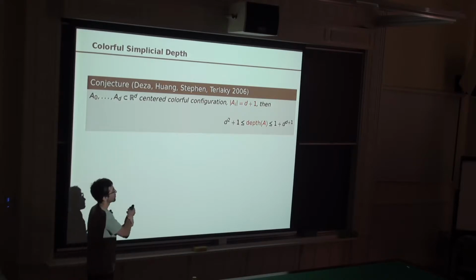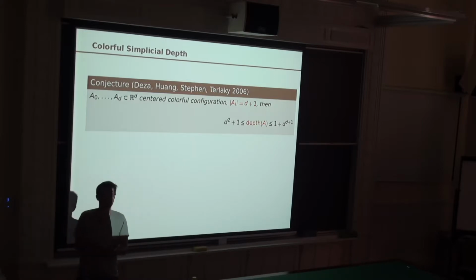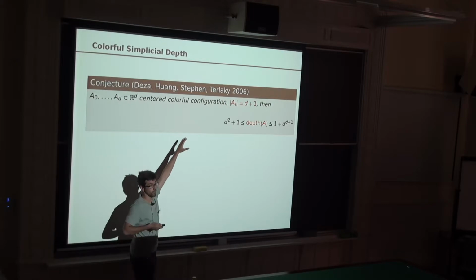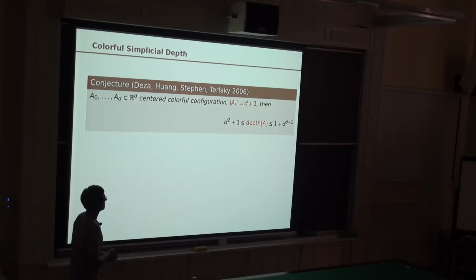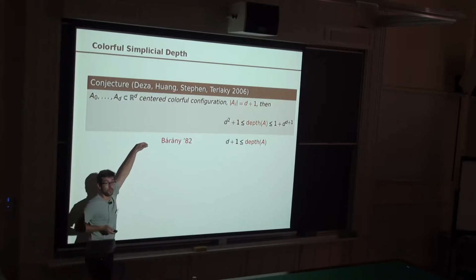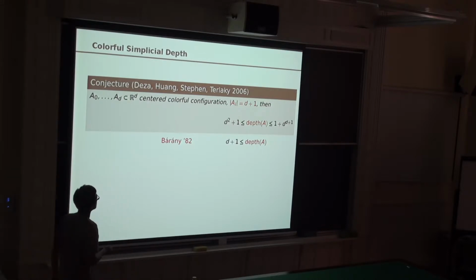So they constructed configurations for the two sets. And there's been more or less a race to prove the lower bound, which is probably the more interesting part of the question. And it actually already, Imre Bárány's colorful Carathéodory theorem, his proof gave d+1, not only 1.